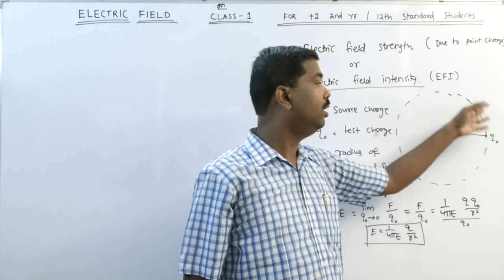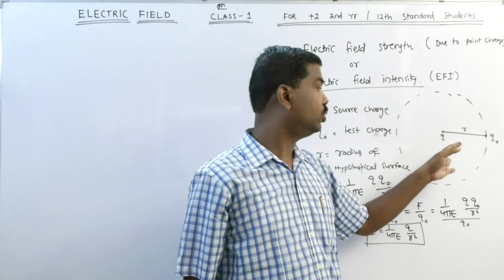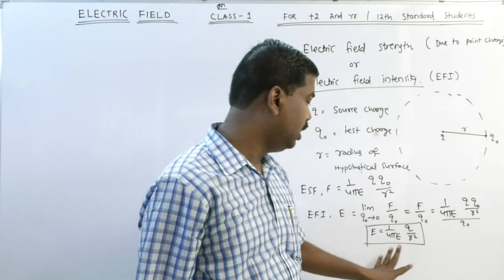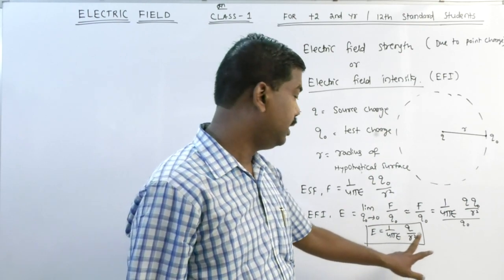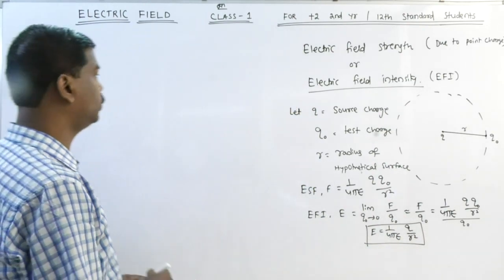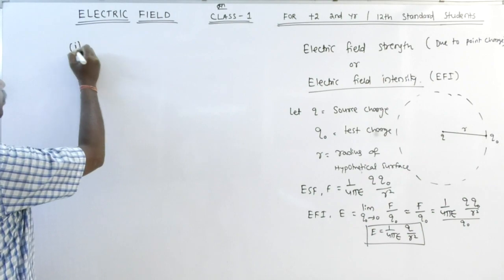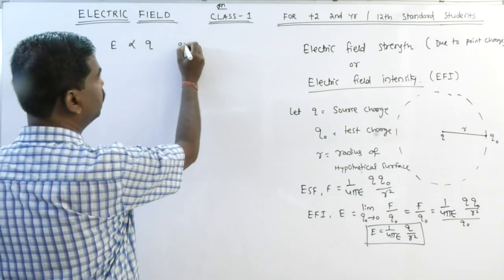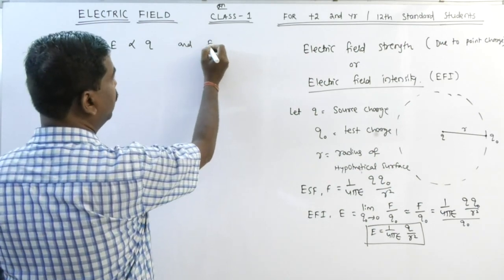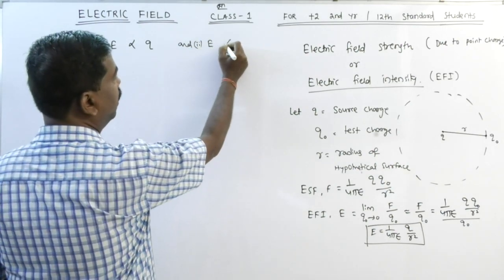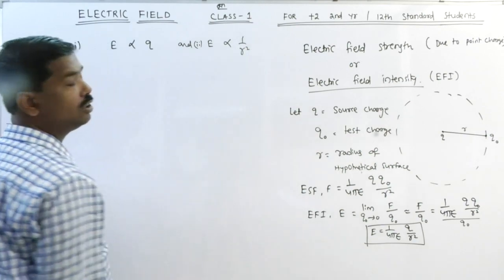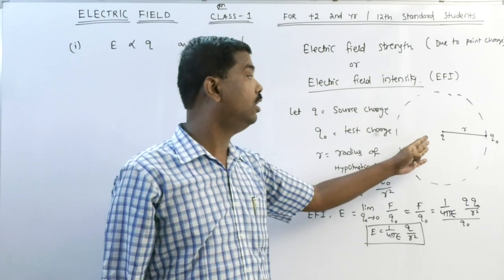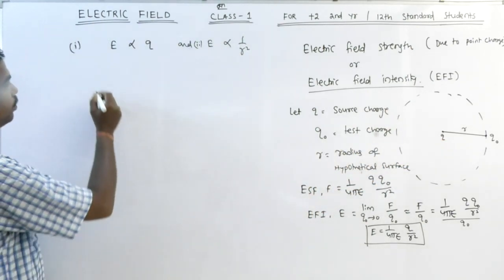Just to verify the electric field of the source charge, I have assumed a small test charge Q0, and at last we conclude that the electric field is directly proportional to the magnitude of the source charge, and electric field is inversely proportional to the distance of the observation point at which the test charge is placed.